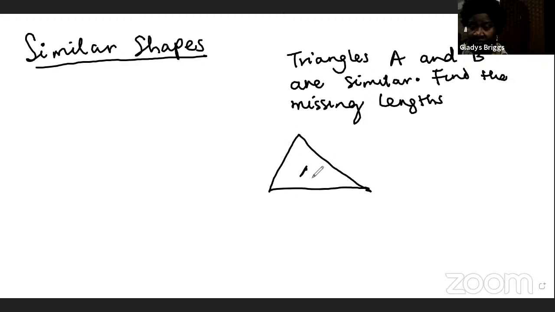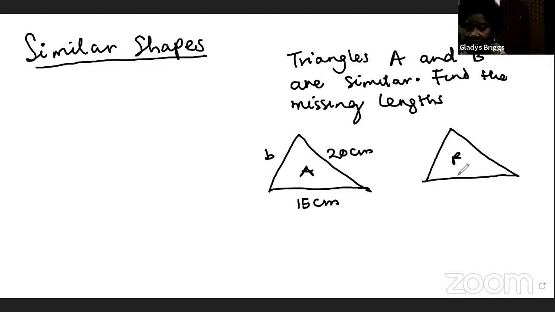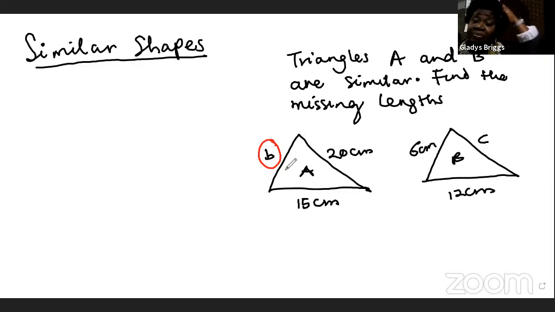This is triangle A, and you have this part to be 15 centimeters, and this part is 20 centimeters, and this is B. And this is the other triangle, and this part is 6 centimeters, and here is C, and here is 12 centimeters. If the two shapes are similar, then to find any of the missing sides, we have to use our knowledge of ratios.